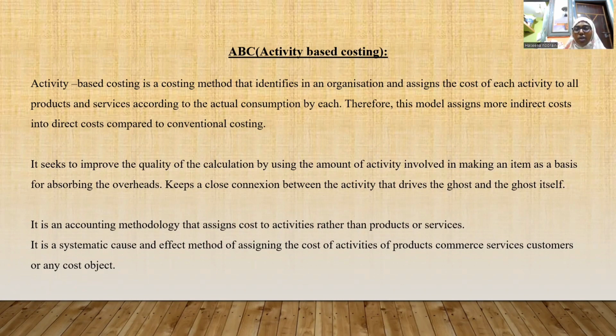Therefore, this model assigns more indirect cost as direct cost, and it also helps in comparing to the conventional costing as it seeks to improve the quality of the calculation by using the amount of activity that is involved in making an item as a basis for absorbing the overheads.